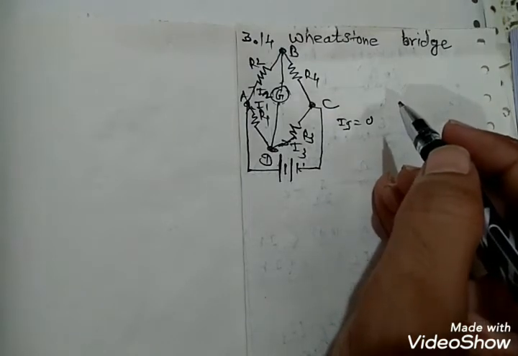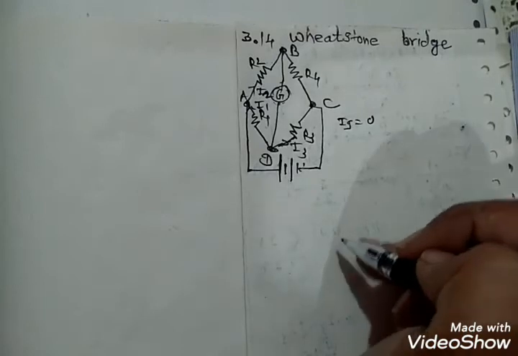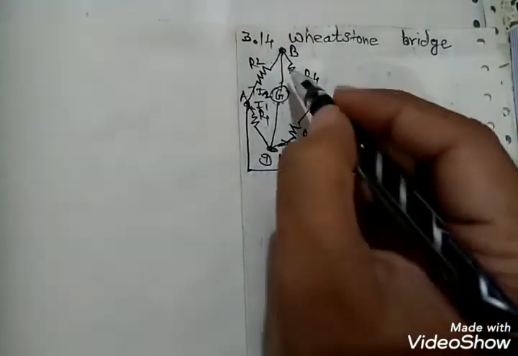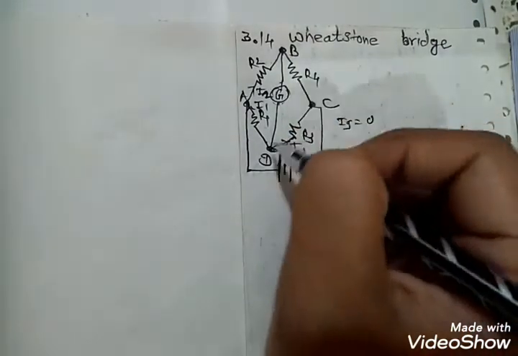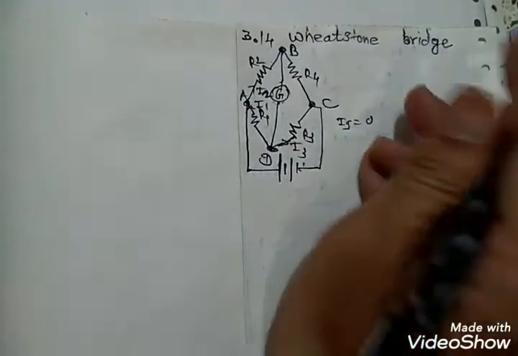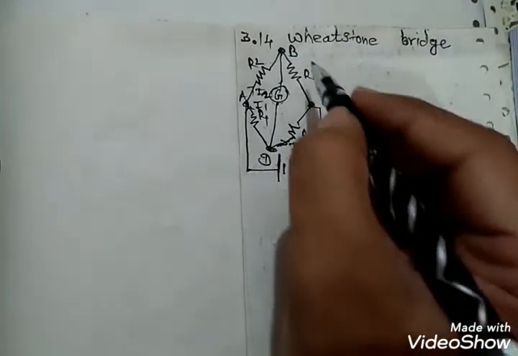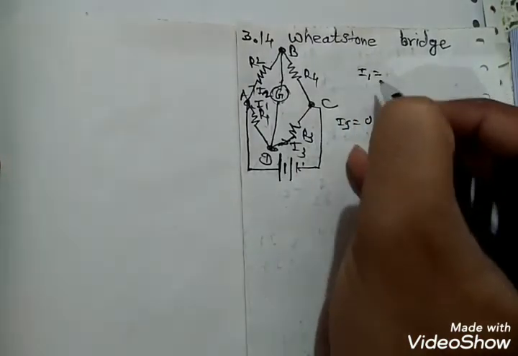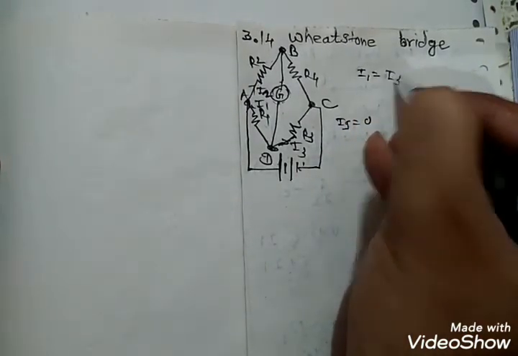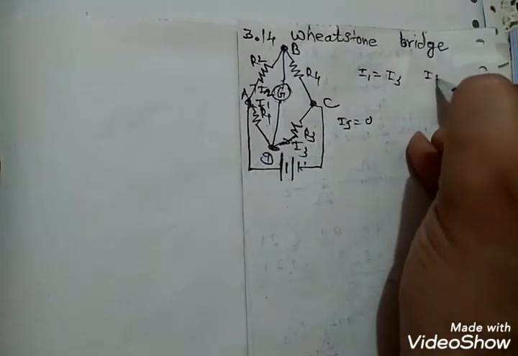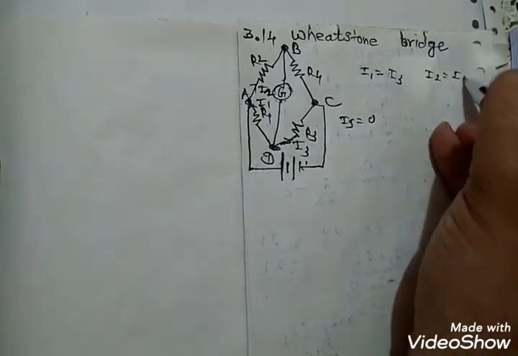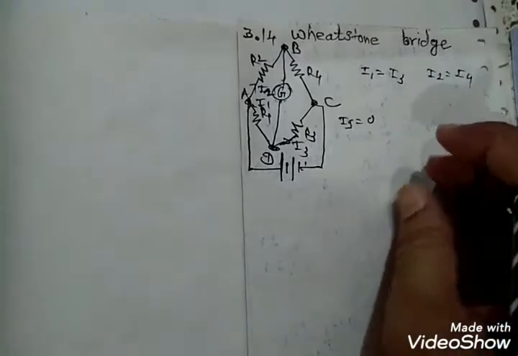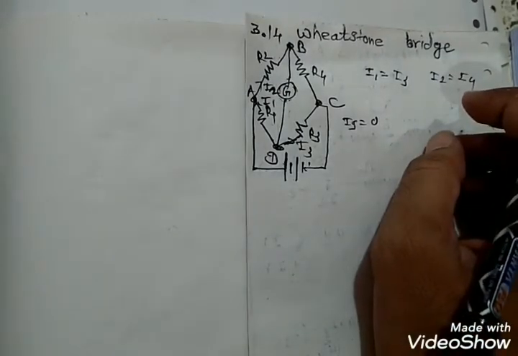So here Kirchhoff's junction rule applies at B and D, and immediately we get I1 is equal to I3 and I2 is equal to I4.